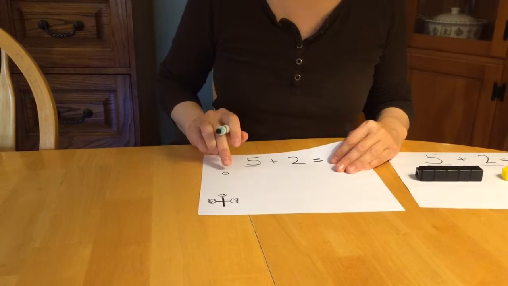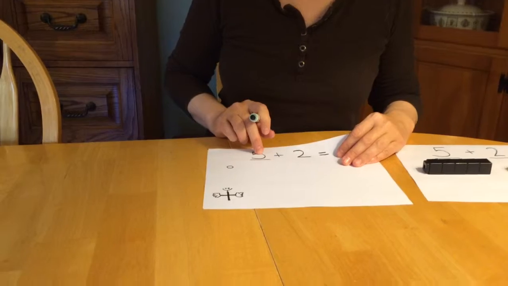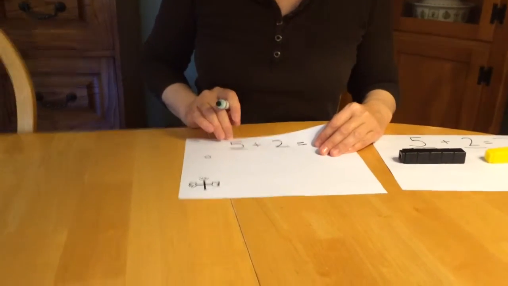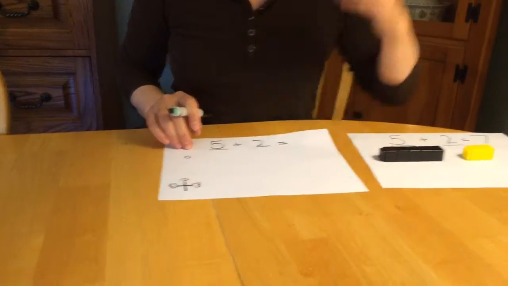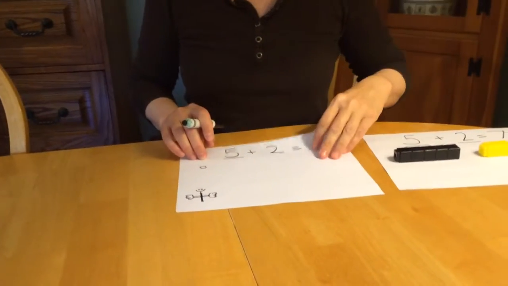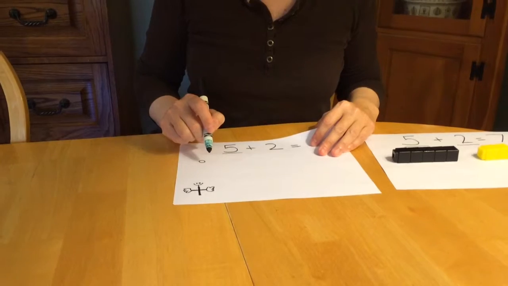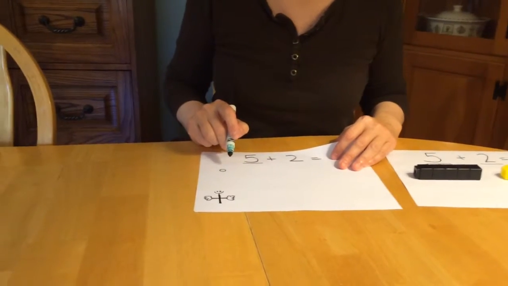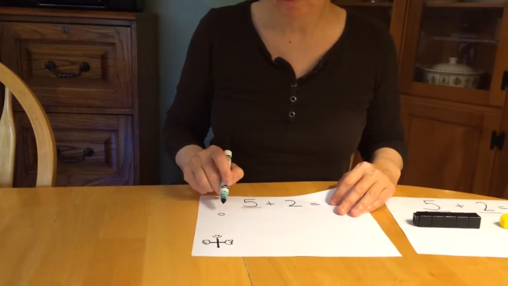The only thing that I advise you to remind your children, sometimes the problem that we have with drawing the circles is our children who might have fine motor delays either draw the circles very large or the circles bump into each other. And if that happens, they're very difficult to count when we're done.